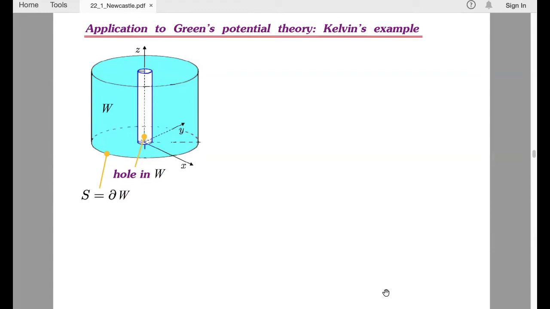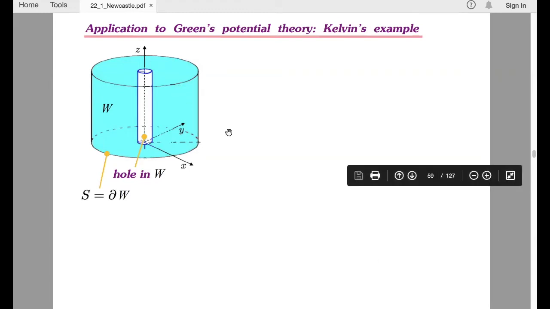Anyway, here we have in this light blue color the fluid, the ether, and one of these empty tubes visualized there. So now this central little tube is a hole in the region.